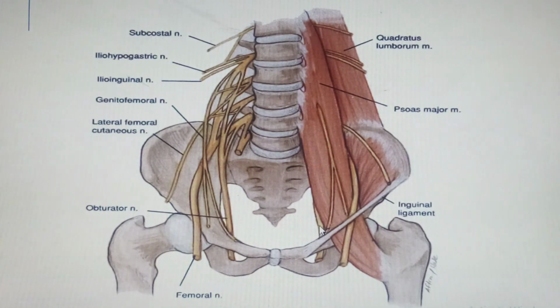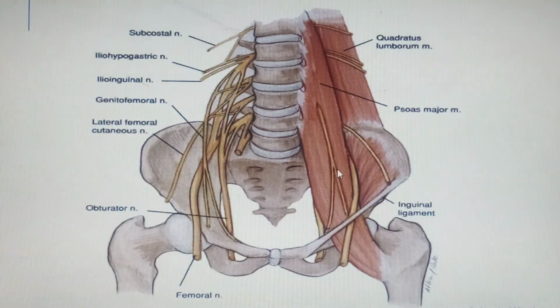This nerve is known as the obturator nerve, running medial to the psoas major muscle. Now, piercing the psoas major muscle is what we call the genitofemoral nerve, with root values L1 to L2.